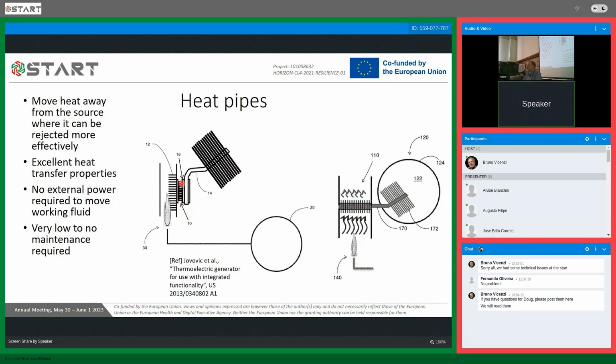This would then be more of a regular flat thermoelectric module, with the hot side, and then the heat pipe on the cold side. The benefit of that is that no external power is required to move the working fluid, and it contributes to the very low or no maintenance required for the parts.